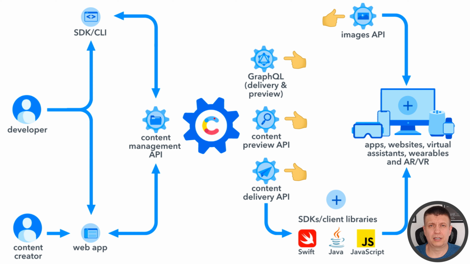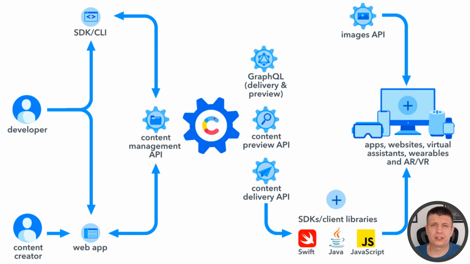When getting content into your app or website, you want to use Contentful SDKs or libraries to get that content from the APIs, because those libraries are built by Contentful with throttling and resilience in mind, in case you get too many requests, so it's getting retried for you.